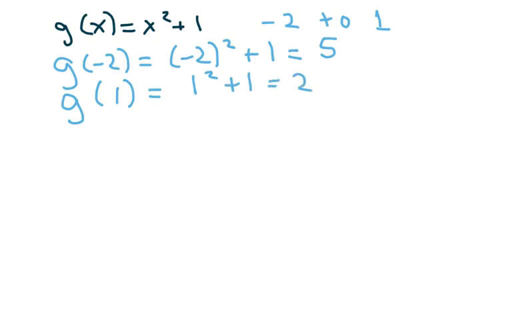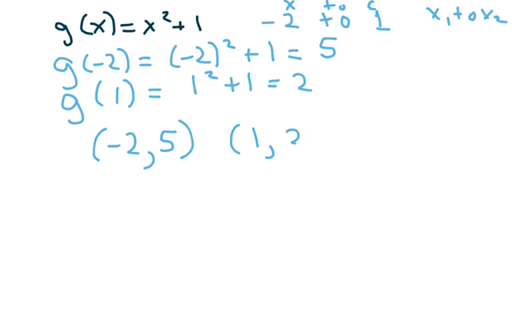So these are my x's. This is like you're going x to c, or you can say x1 to x2. So basically, when x was -2, my y is 5. And when I had 1, I got 2.